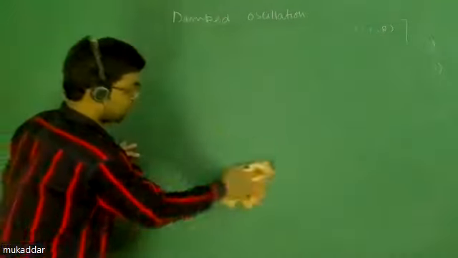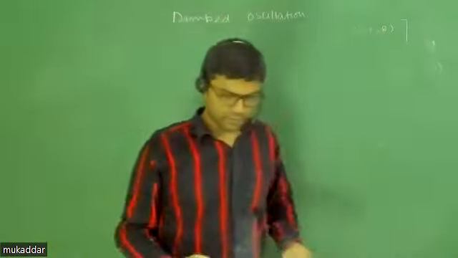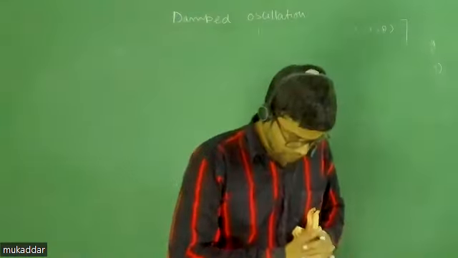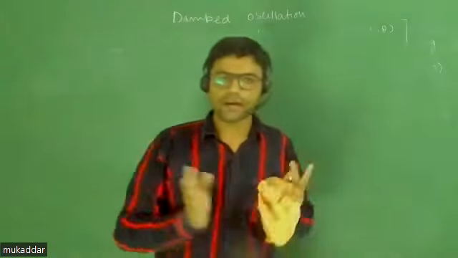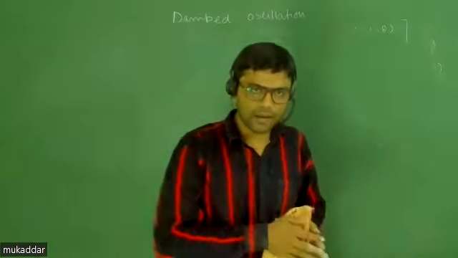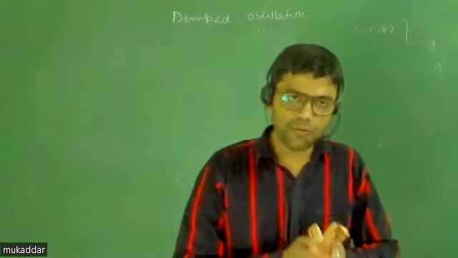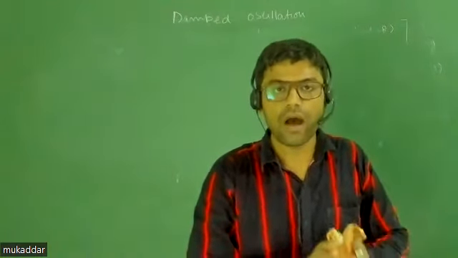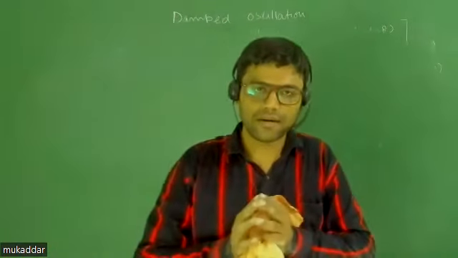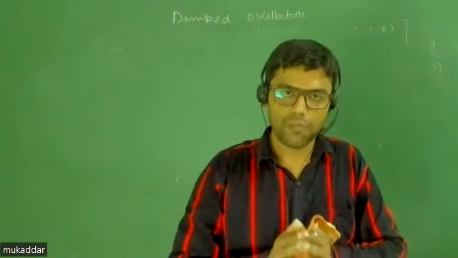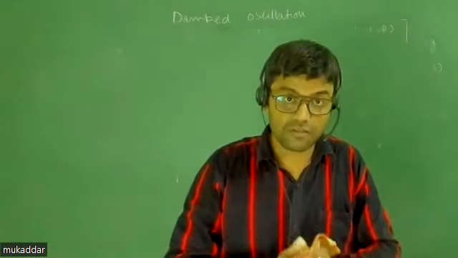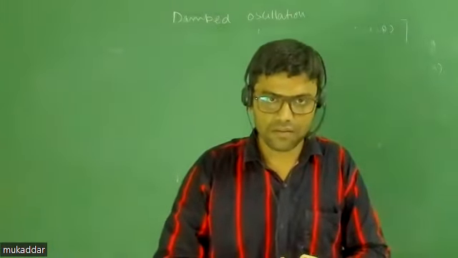Okay. Now let us solve one problem, then we'll proceed to the next case. तो सपोज आपका एक अंडर डैम्प्ड ऑसिलेटर है और 100 साइकिल कंप्लीट होने के बाद उसका जो एम्पलीट्यूड रिड्यूस हुआ है, that is, it reduces to half of its initial value. You have an underdamped oscillator. After completing 100 cycles, the amplitude reduces to half of its initial value.